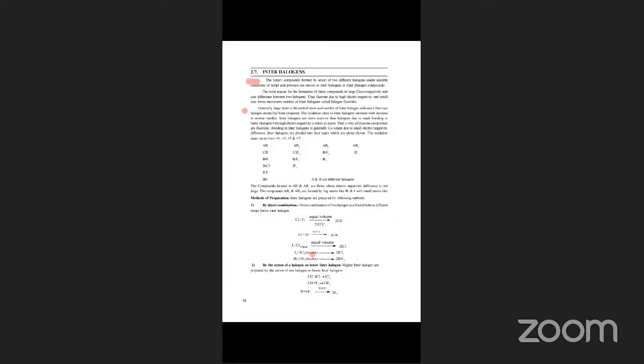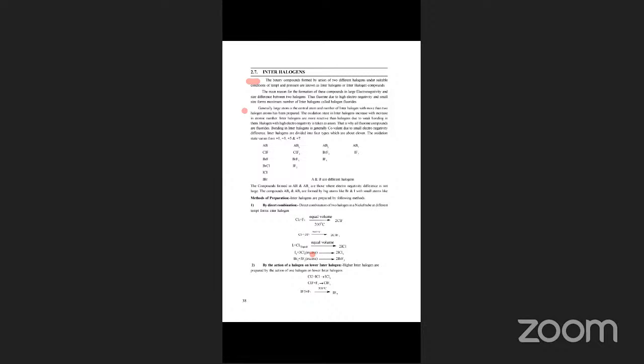Why do interhalogens form? The main reason is large electronegativity and size difference between two halogens. Thus fluorine has high electronegativity and small size.